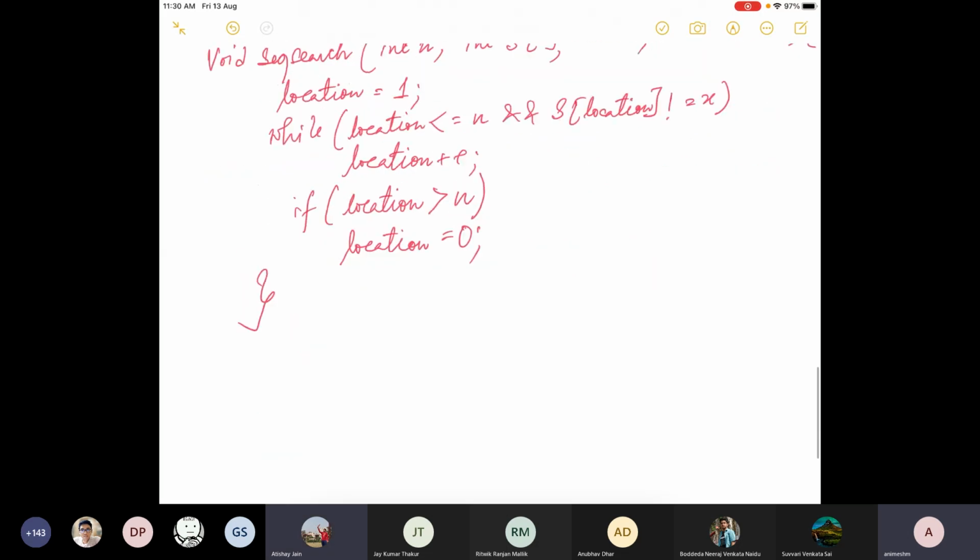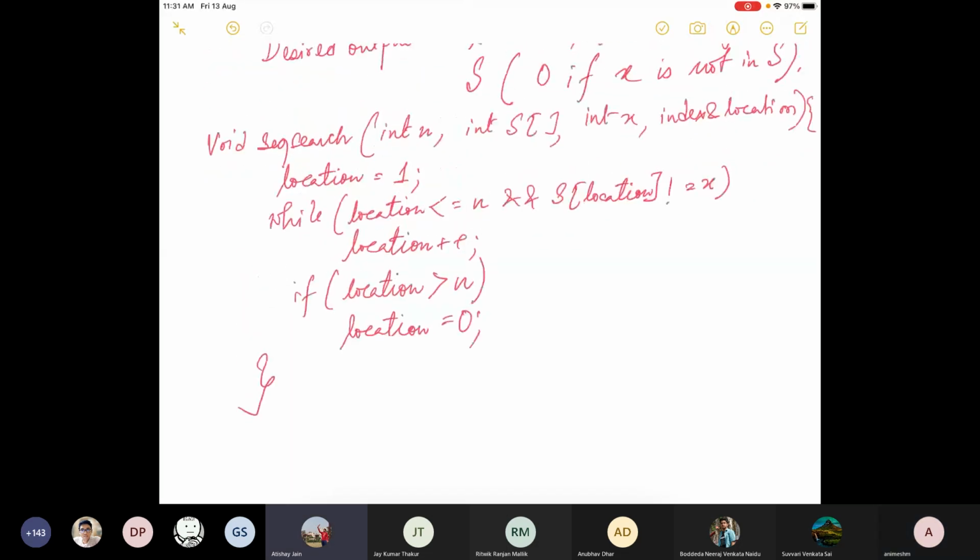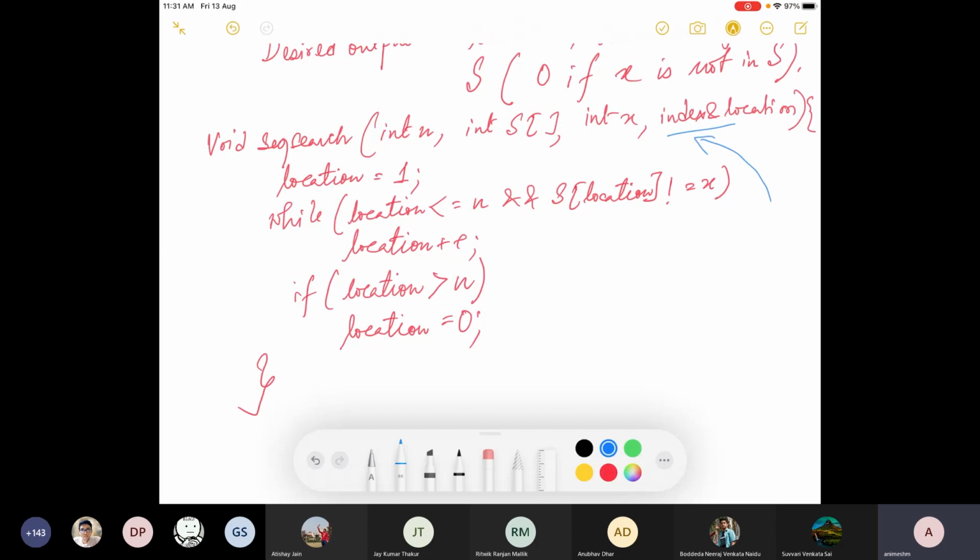Sir, what are you writing here? Index ampersand location. Yeah, that's what I said. This is like you are treating it as a pointer. So this is a call by reference. That's why it's a void. You don't return. So sir, we should write int star location.